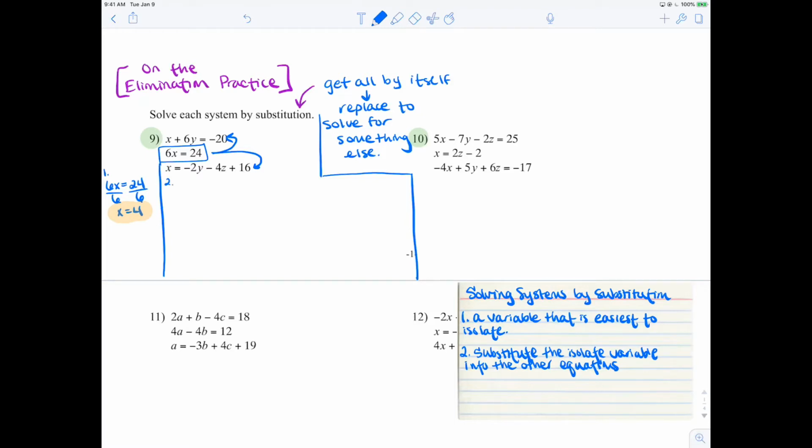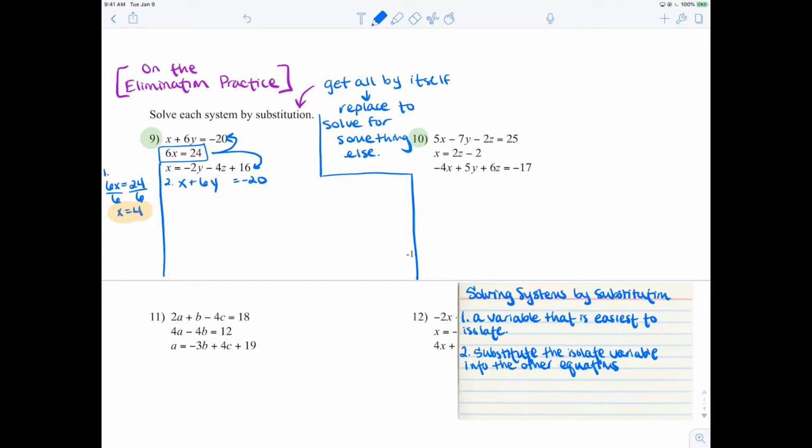So step number 2, I put it back into the first equation. No, we solved for x already, so this would be for 6y.